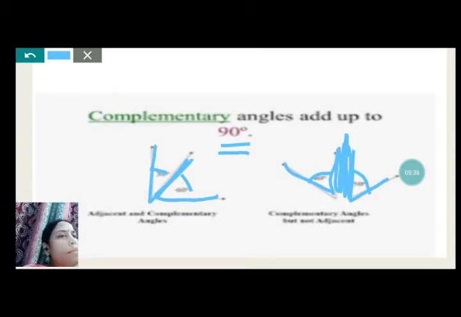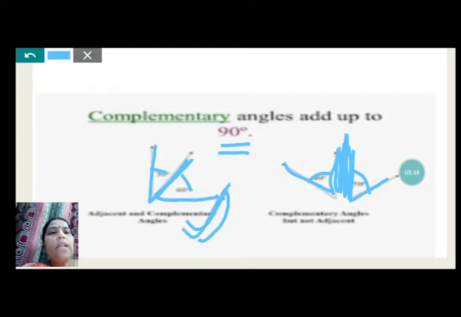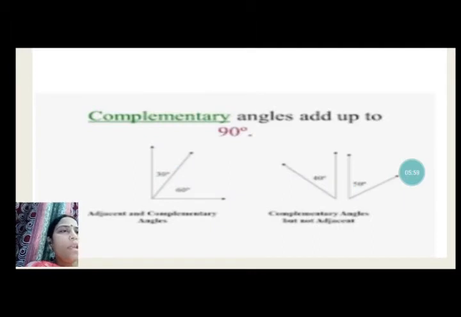So they are complementary to each other. That means 50 plus 40 make 90 degrees, but they are not joined together. And in this figure we can see that they are joined together and they are making 30 plus 60, which is also 90 degrees. So these are the complementary angles when they add up to make 90 degrees.